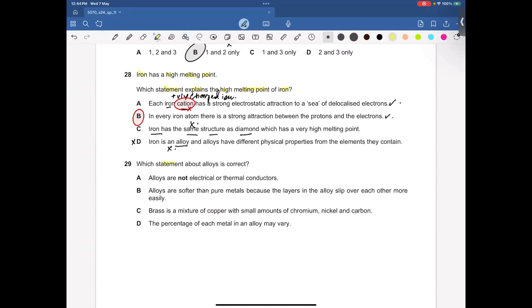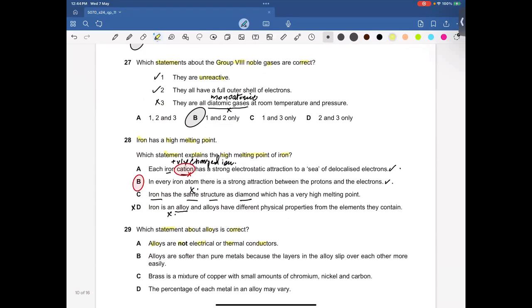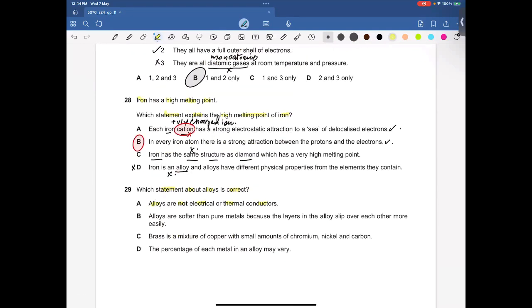Next, which statement about alloys is correct? Alloys are not electrical or thermal conductors. Hold on, hold on.